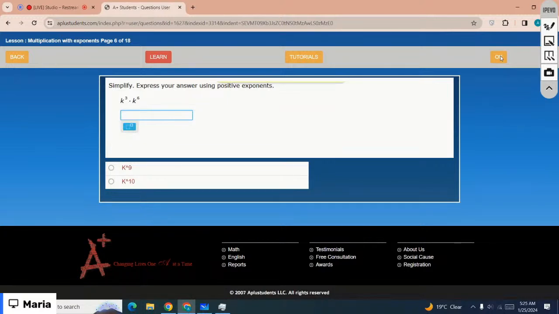Simplify k exponent 3 times k exponent 6. So which is the correct option? The correct option is k exponent 9. Option number 1 is the correct option.